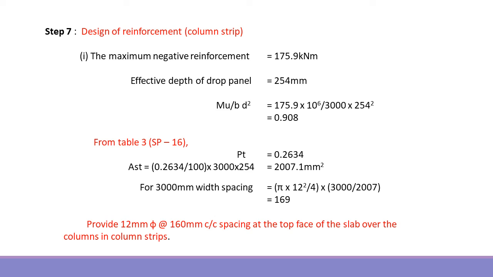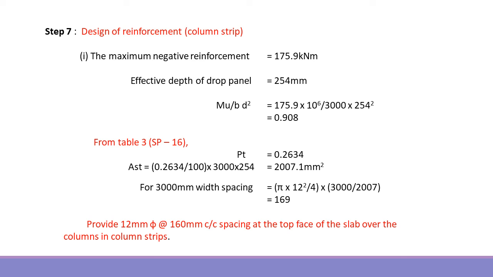0.908. So this is taken from our SP16 code book from table 3. See that percentage of reinforcement is 0.26. Then Ast is equal to pt by 100 into b into d. So then it gives 2007.1 mm square.